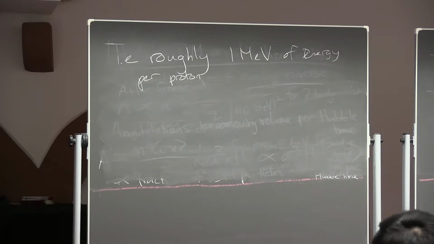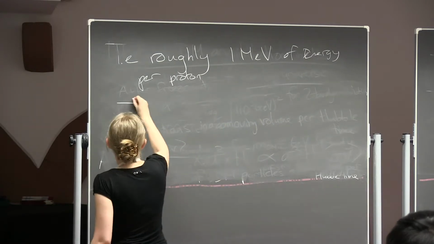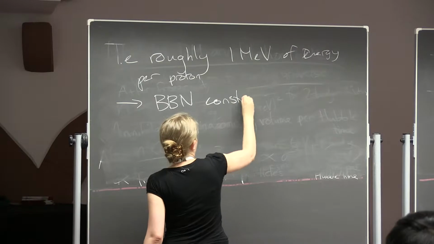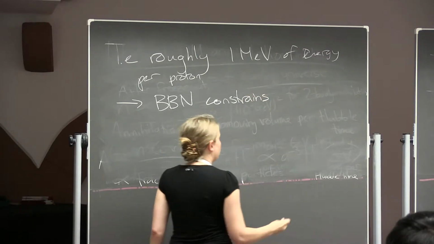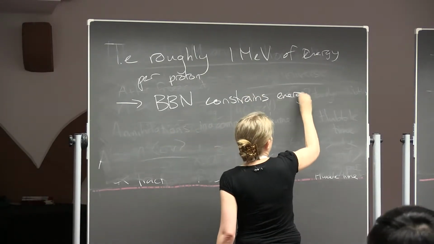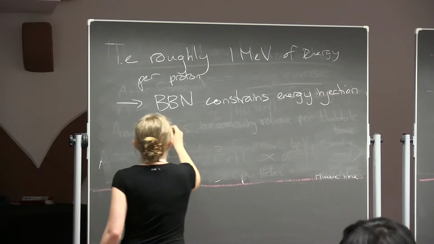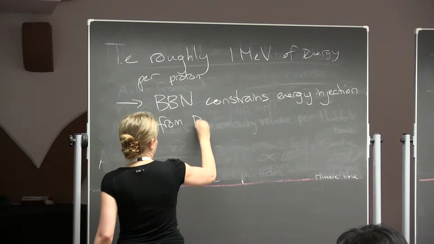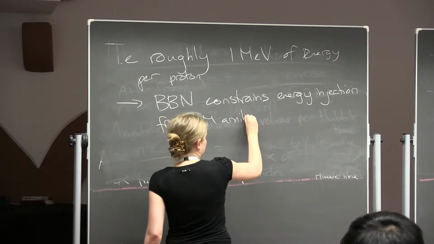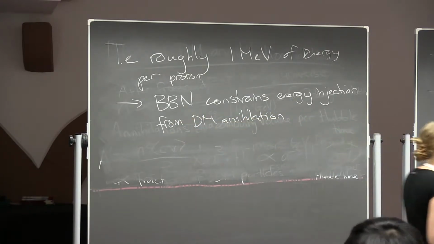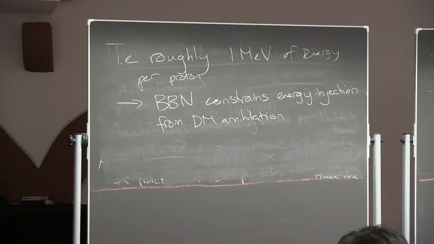And indeed, we do get constraints on energy injection from thermal dark matter. There are some subtleties here, because it's possible, for example, that all this energy is produced in a small number of particles at much higher energy, or in a large number of particles at much lower energy.